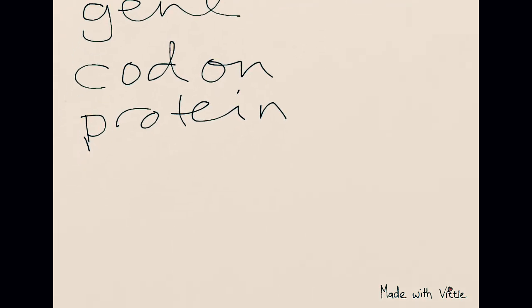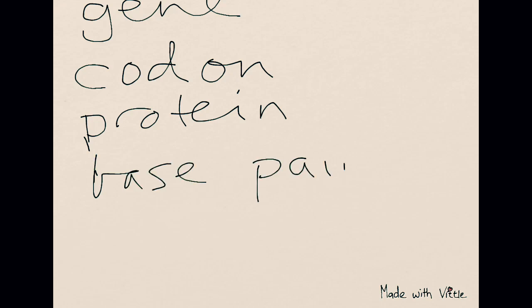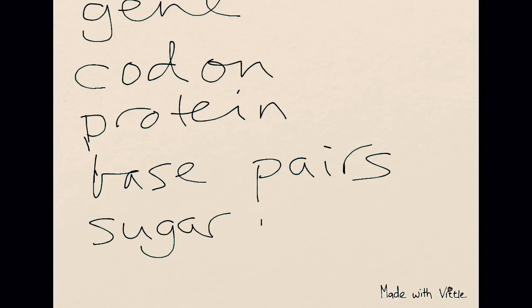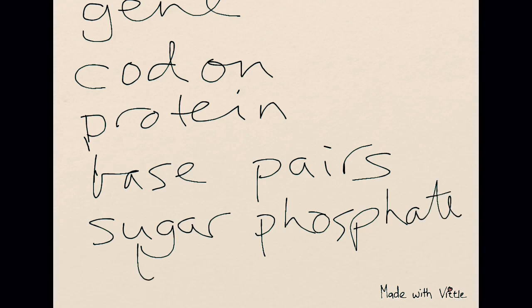You need to know how the bases pair up, so you need to know about your base pairs. And I would also suggest that you look at the sugar phosphate backbone, and always remember to include that in your descriptions of the structure of DNA.